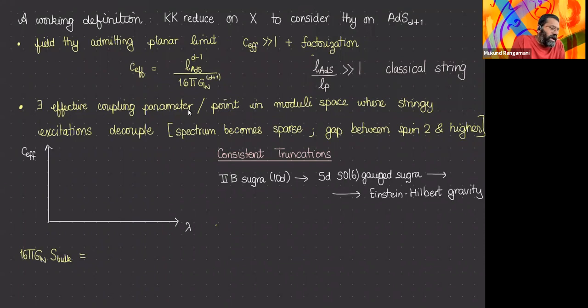What am I going to do? I'm going to take my theory and, for now, forget about this internal space. I'm just going to reduce on the internal space by Kaluza-Klein reducing the fields. So I'm going to have a tower of fields in this AdS geometry.